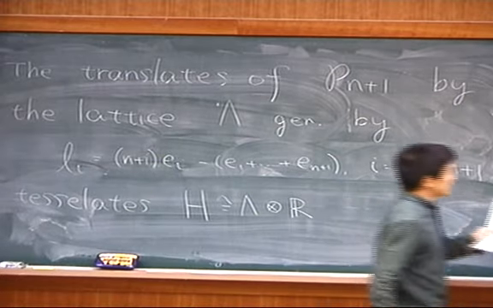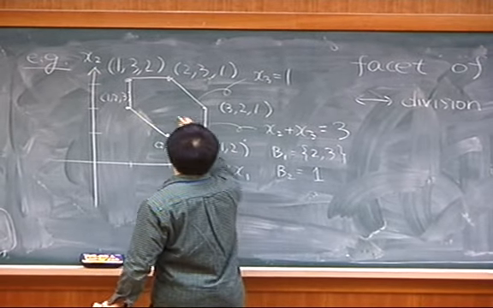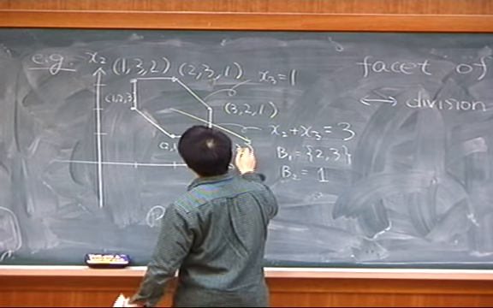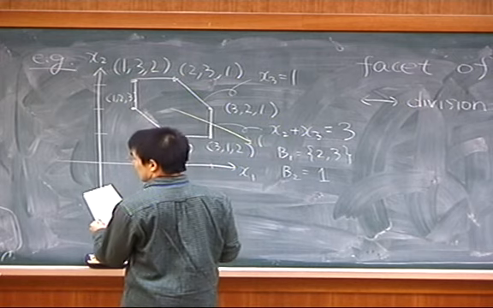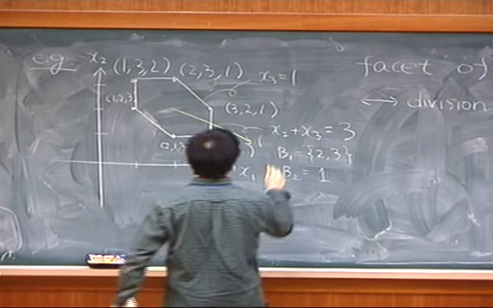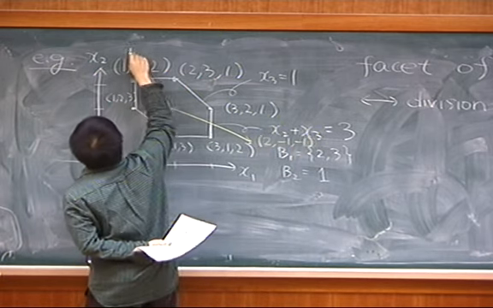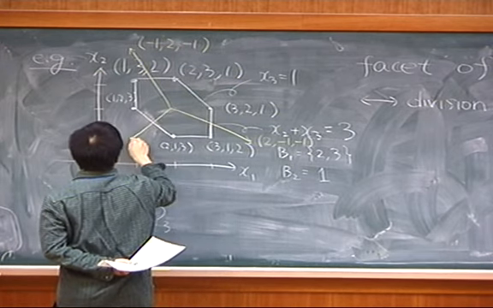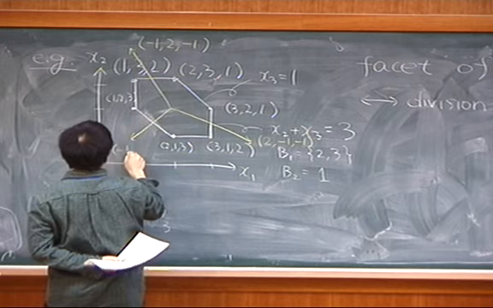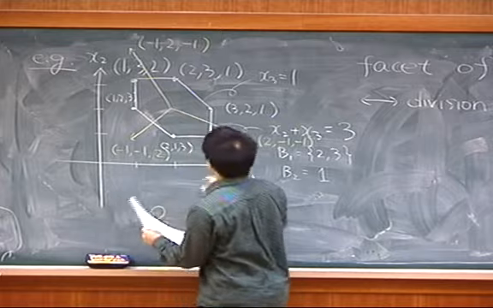For example, in this case, L1 is (2, -1, -1), and L2 is (-1, 2, -1), and L3 is (-1, -1, 2), these three vectors.